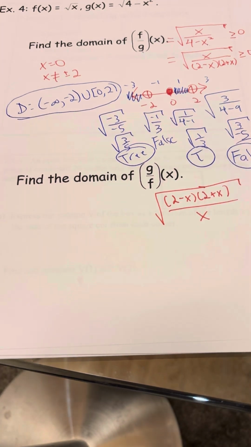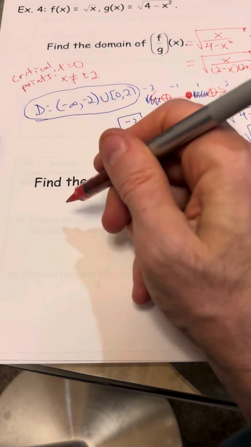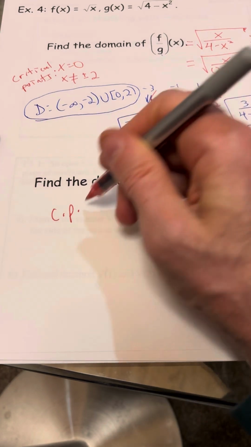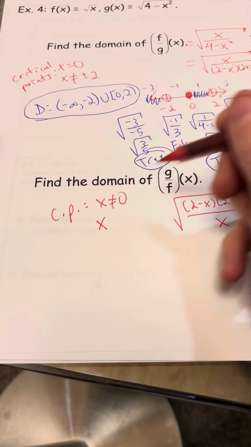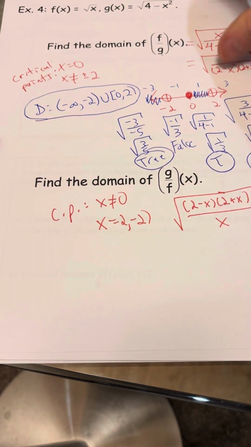The only thing that changes up here is the critical points, and I'll jot down what we have there. Now our critical points are going to be, since x is now in the denominator, x cannot equal 0. x now can equal 2 and negative 2.